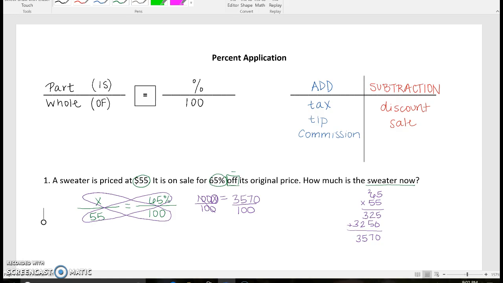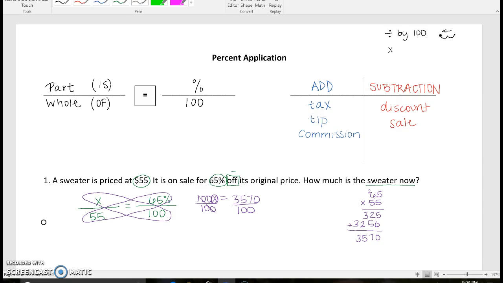Let me show you a trick real quick. If you divide by 100, you're going to move your decimal to the left 2 places. So this is your new spot.